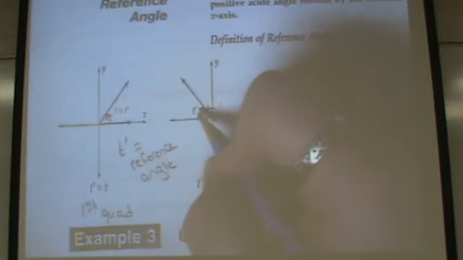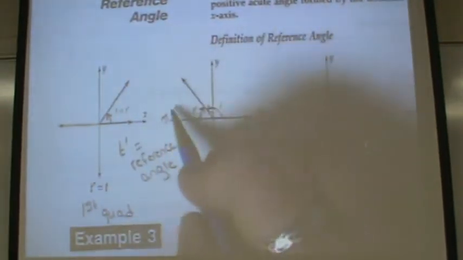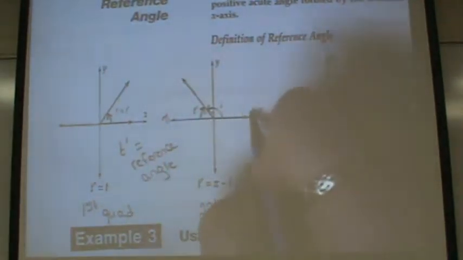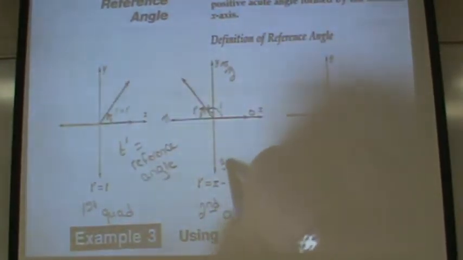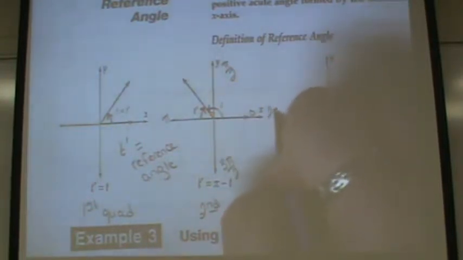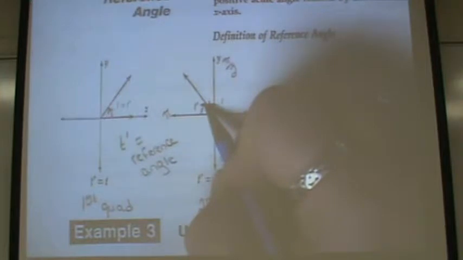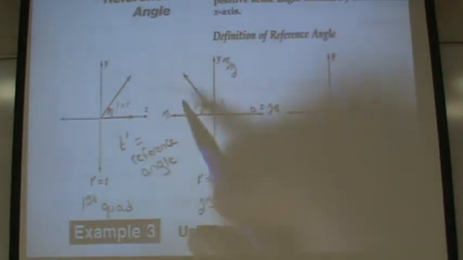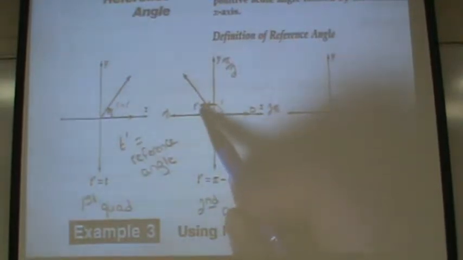So we want to find this angle, our reference angle. If we're thinking about that, this is pi, because you have 0, pi over 2, pi, 3 pi over 2, and then back to 2 pi when you're thinking about your radian measures. So if we're looking for this angle, we're going to take pi and subtract our given angle to find that reference angle.